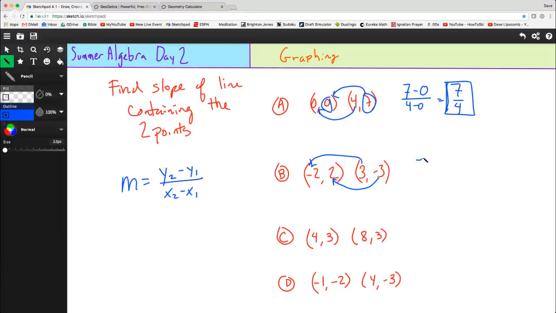So we take -3 minus 2 over 3, now don't get this wrong, minus, and what's our x-coordinate? Minus a -2. So here we got -5, and subtracting a negative is the same as adding a positive, over 5. So that's -1.